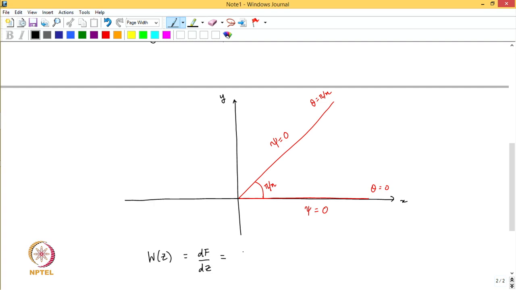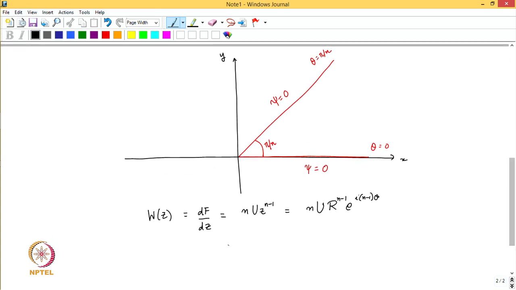This comes out to be n u z^(n-1), and again if I use the definition of the complex number in polar coordinates, we will have this as r^(n-1) e to the power i (n-1) theta, and I can write this as n u r^(n-1) e to the power i n theta into e to the power minus i theta.